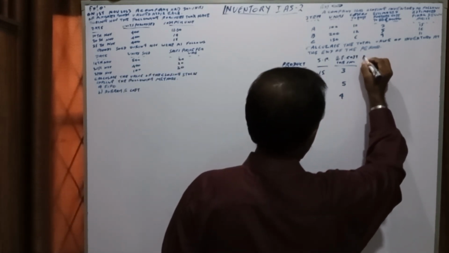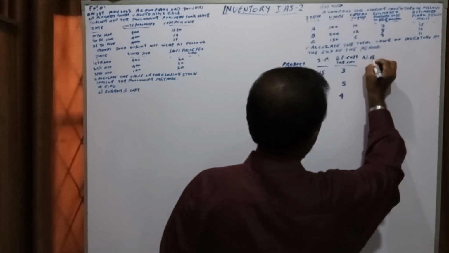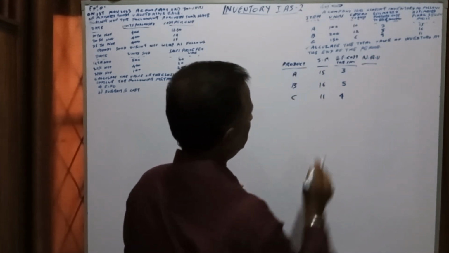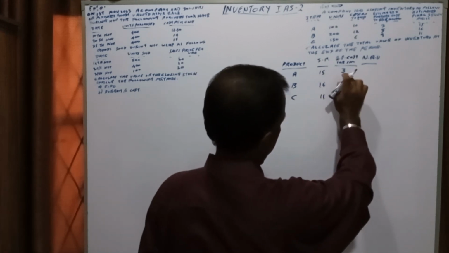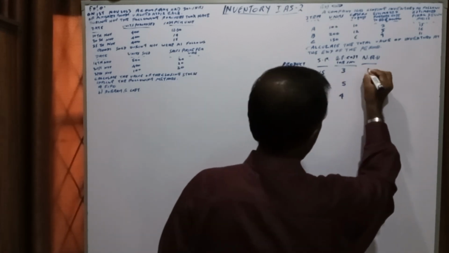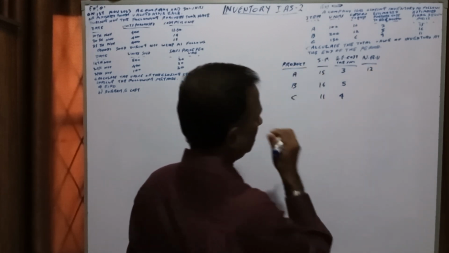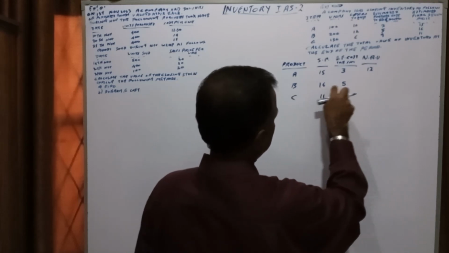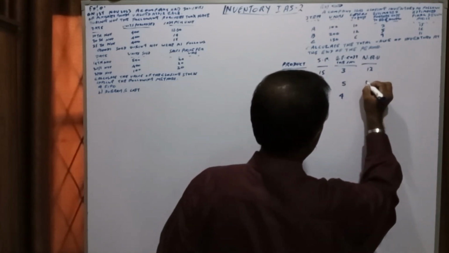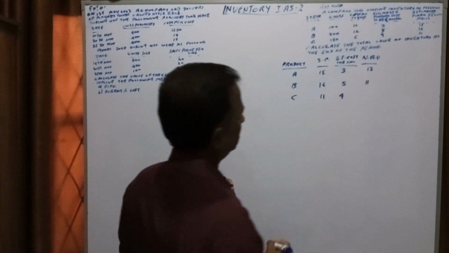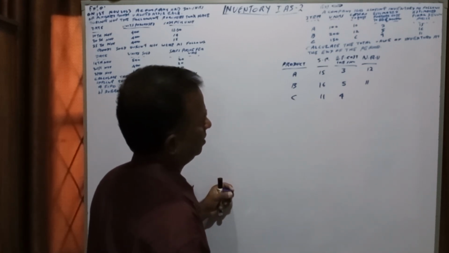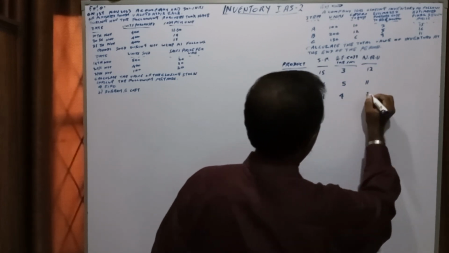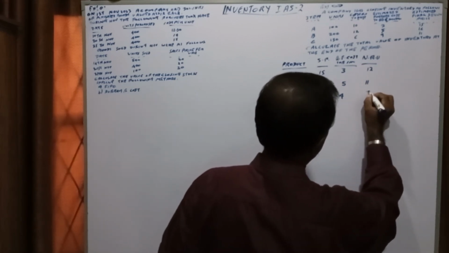So our net realizable value is how much? 15 minus 3, that is 12 rupees. For product A we had a net realizable value of 12. For B, 16 minus 5, net realizable value we had 11. For C, we had a net realizable value of 7 rupees per unit.